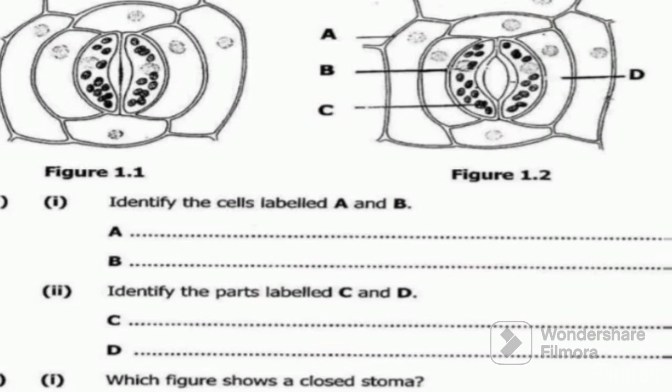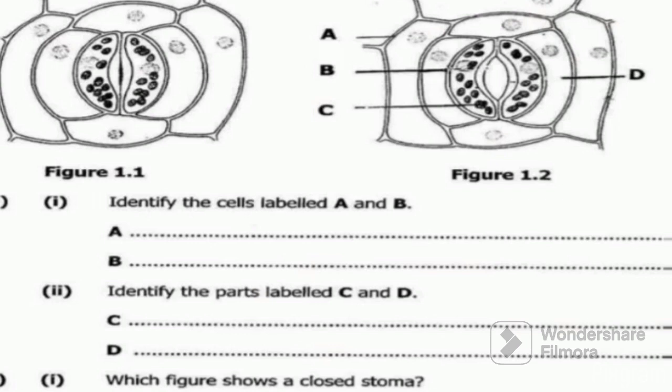We move on to question A, Roman numeral 2. Identify the parts labeled C and D. The part labeled C is the chloroplast.